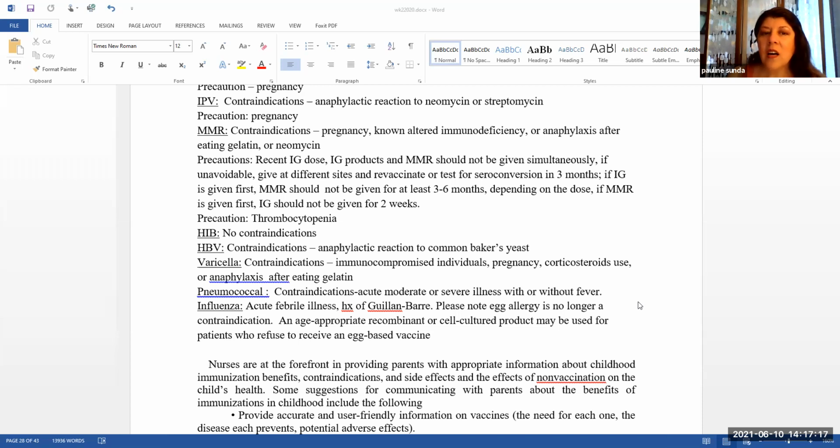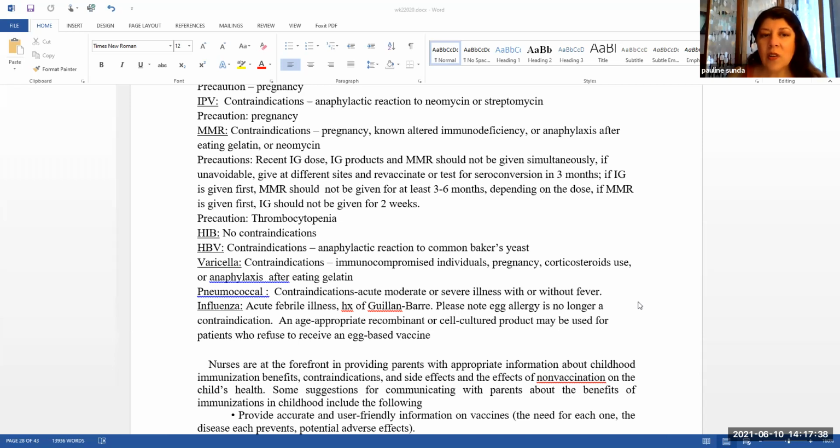If you give the immunoglobulin first, you want to wait many, many months before you give the MMR. It really depends on the dose. If the MMR is given first, then ideally you don't give the immunoglobulin for at least 2 weeks.